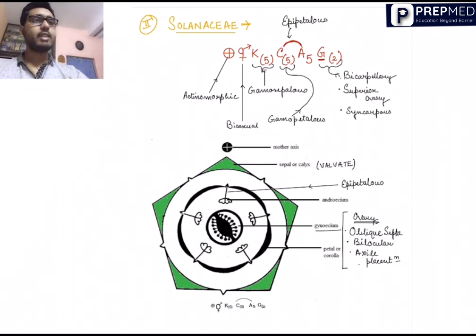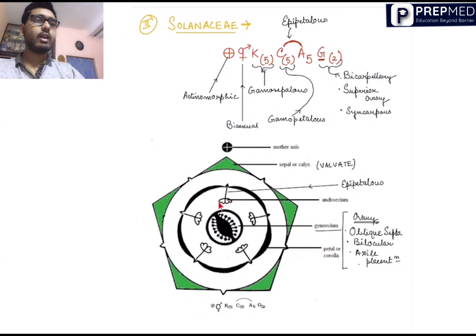And again, they are bisexual, gamosepalous because they are within a single bracket, gamopetalous because the petals are in a single group. Here this one is bicarpellary, superior ovary, and syncarpous. Here there is a connection between the petals and androecium. It is called epipetalous. Here you can see the connection.